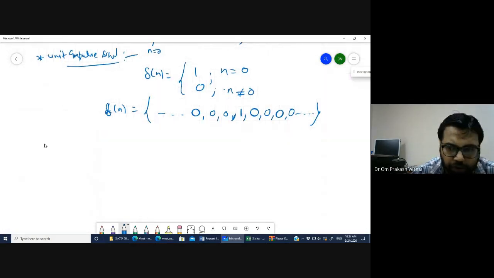Now, when you talk about the properties, we have 2 minutes. We have already discussed the properties of the impulse signal in continuous time.